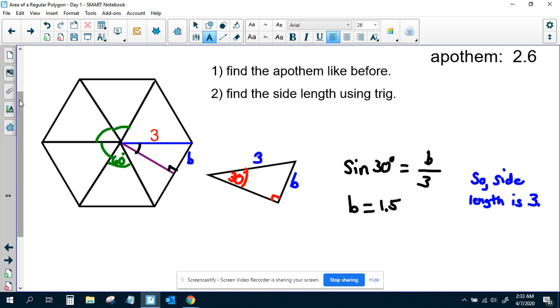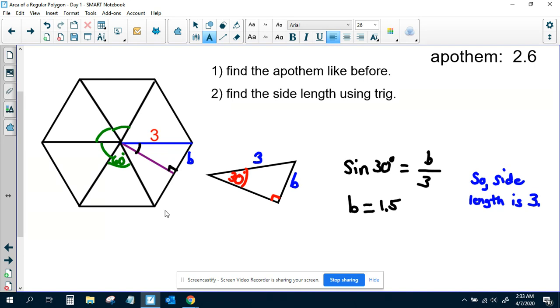When we plug that into our calculator and isolate the b, we're going to get that b is equal to 1.5. So that means if this section right here, our b that we just found, is 1.5, the entire side length is going to be 1.5 doubled. That gives you 3 for the side length. So we're almost there.